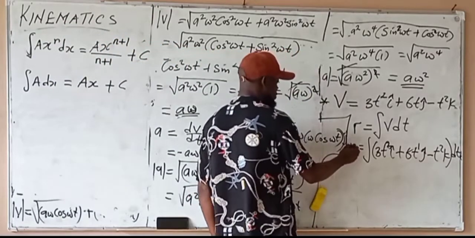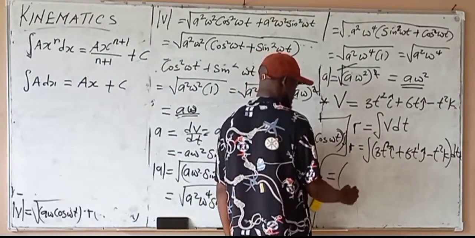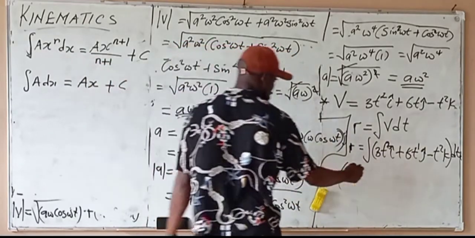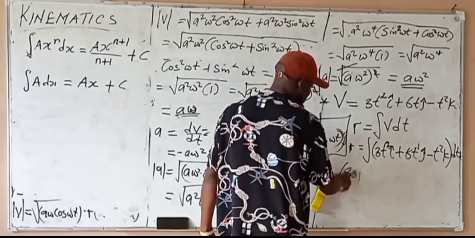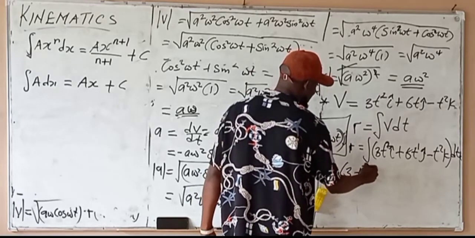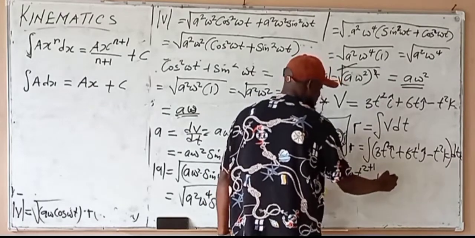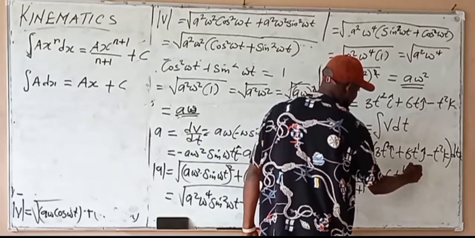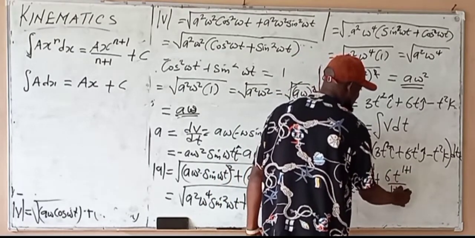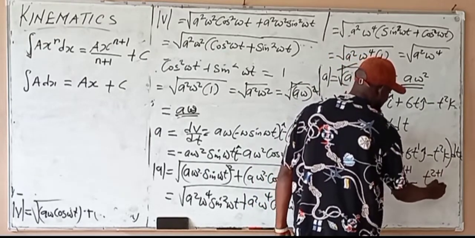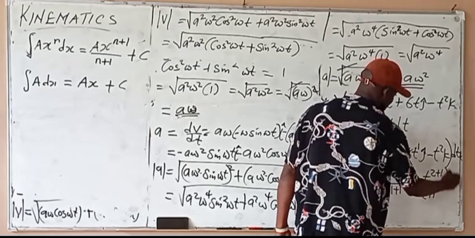So if you integrate this, you're going to have 3, remember you don't touch coefficients. What you do is add 1 to the power and divide by that same new power.